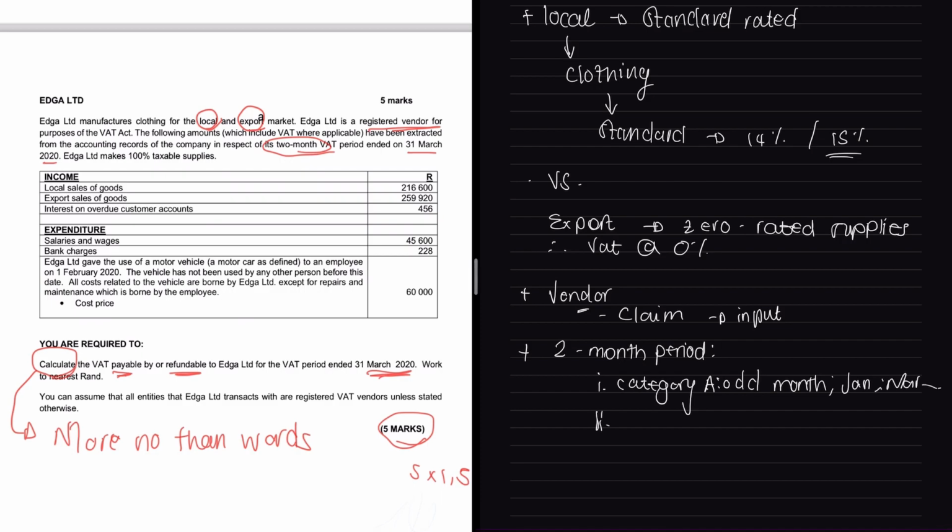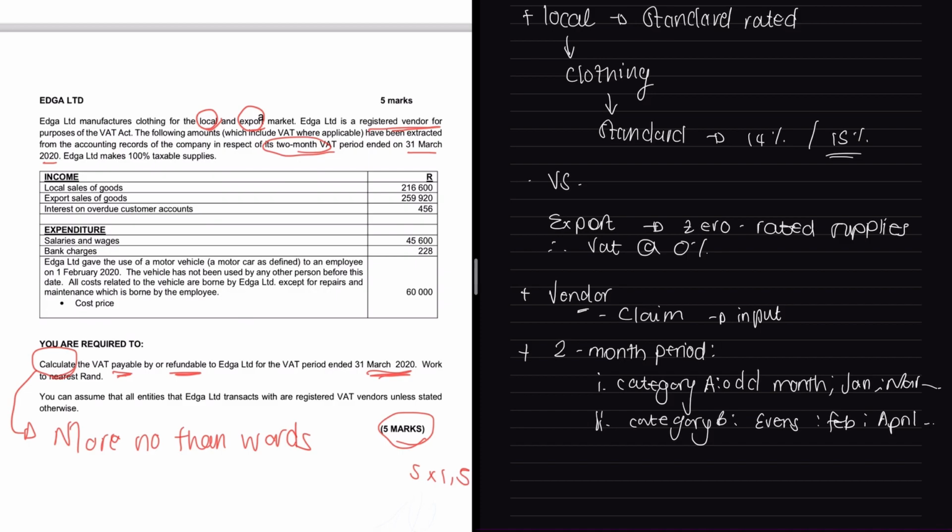And then we've got our category B, which is again a 2-month VAT period, but ends on even months, like your Feb, April, and so on. So this is basically year of assessment in inverted commas, but for the VAT period. Ended 31st March 2020.